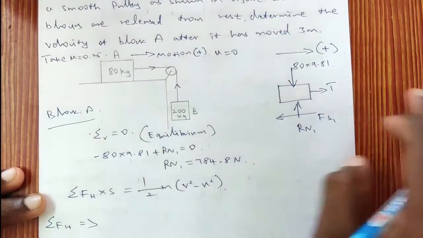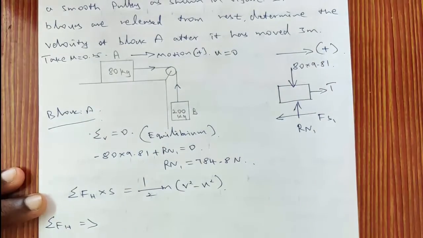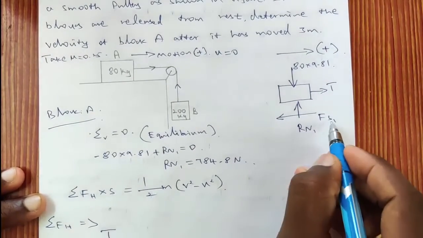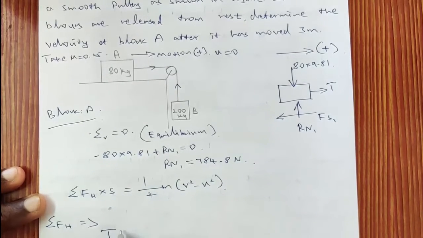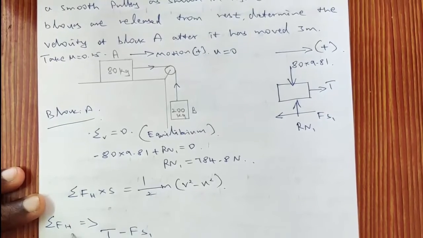The T is acting towards right, and we know that towards right side is positive. So it is T, and the Fs is acting in the opposite direction, so it is minus Fs1. So summation of Fh is equal to T minus Fs1.